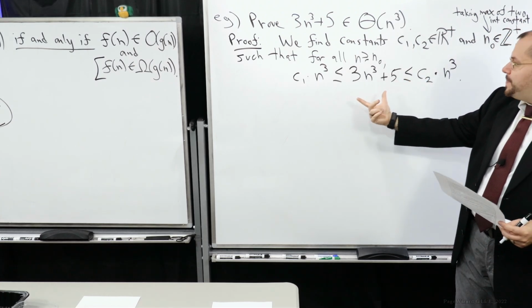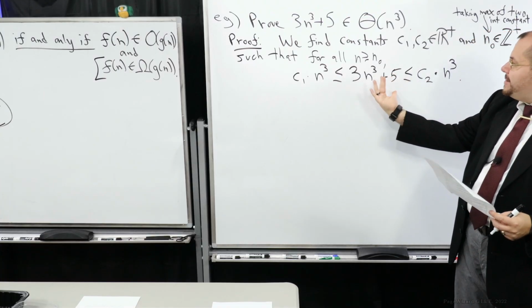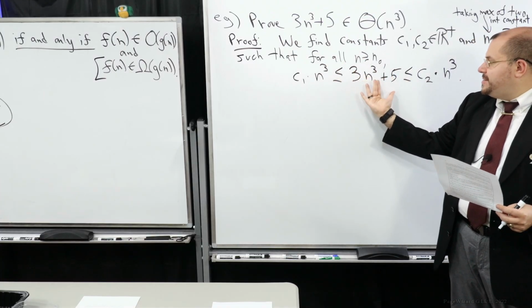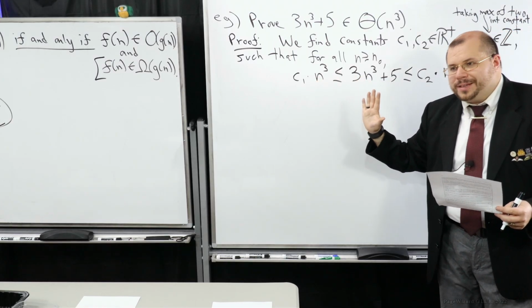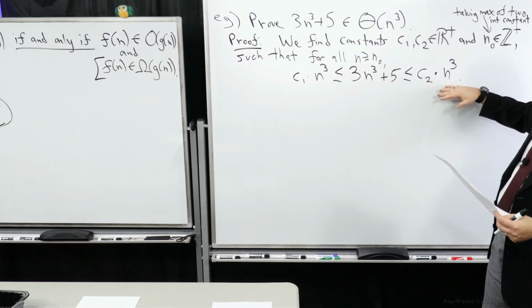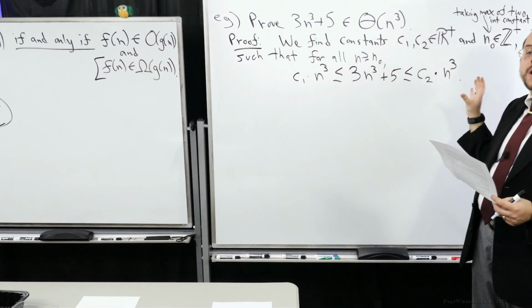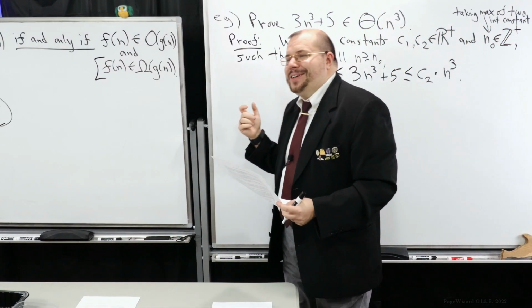That's the whole point. If you rewrite this the other way around, you'll notice that this is saying 3n cubed plus 5 is greater or equal to n cubed times c1, right? That's the big omega part of the definition. This right here is the big O part of the definition. So I've just chained them together as one longer set of inequalities.